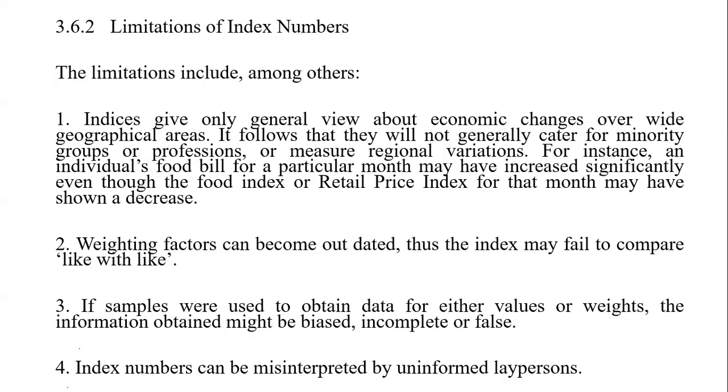When they are presenting this to the general public, they will present the majority view, not the minority view. So that is a major weakness on this. 2, weighting factors can become outdated, that the index may fail to compare like with like.